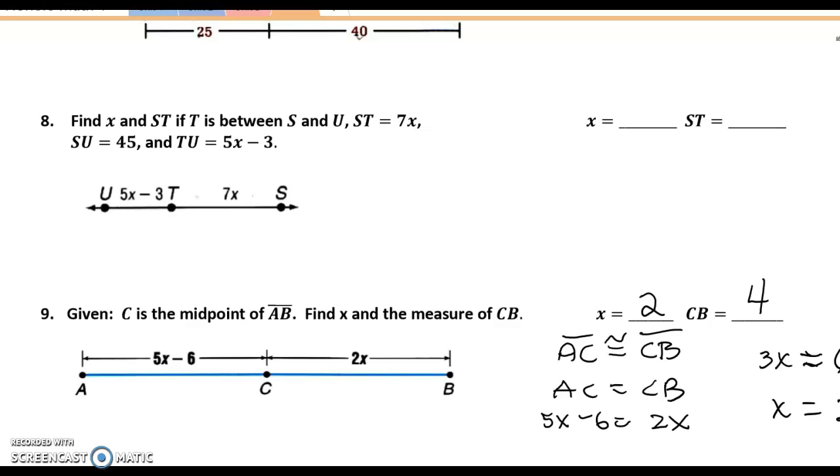For problem number 8, we are given that T is in between S and U. That is very different than saying, as in number 9, that C is the midpoint of AB.